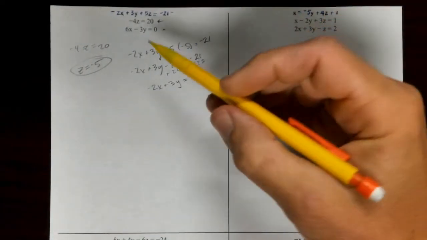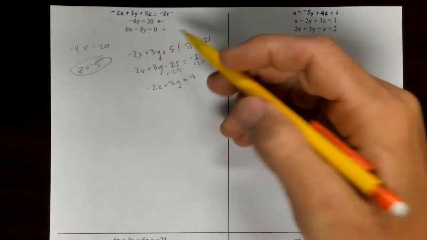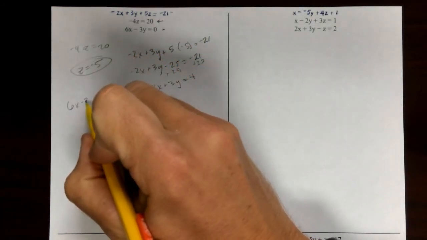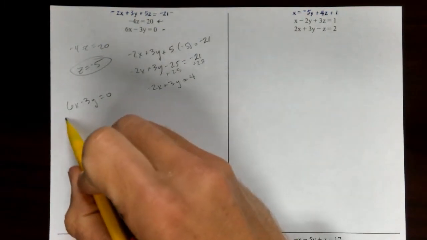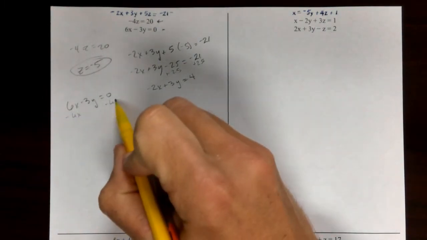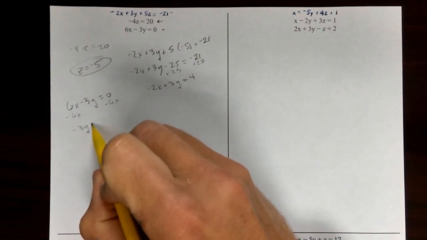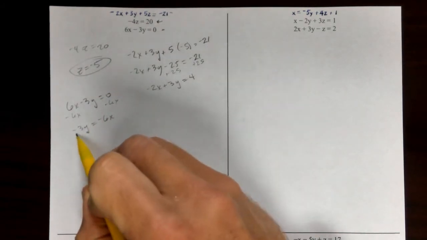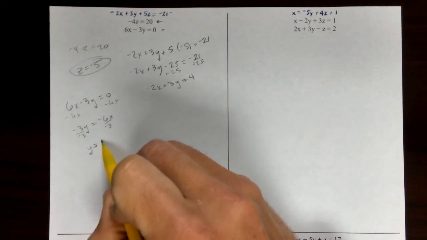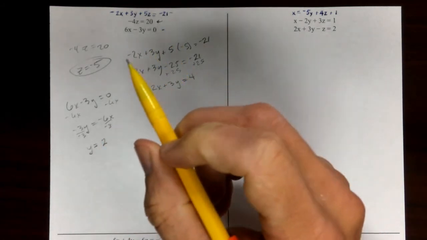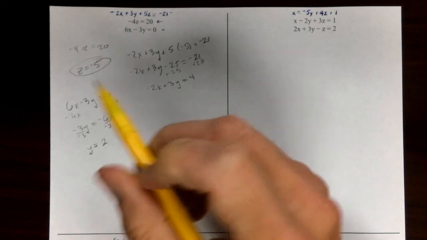Now, let's look at this equation. 6x minus 3y equals 0. Now, I can solve for y, right? So I can subtract 6x on both sides. I get -3y equals -6x. So I'm going to divide by a -3.